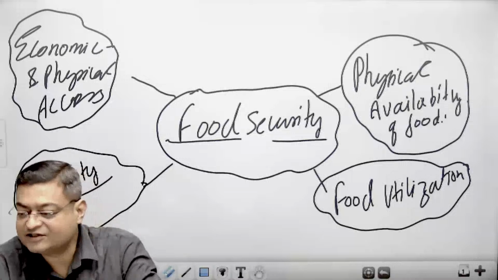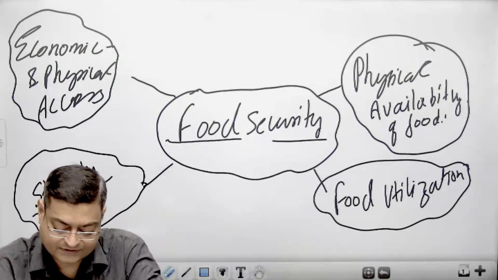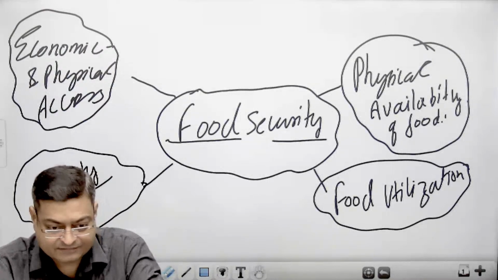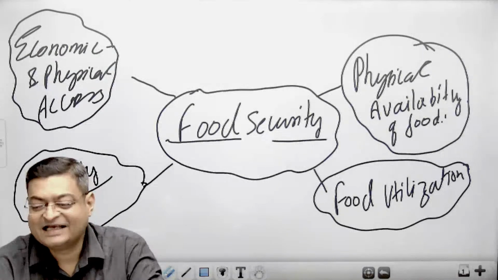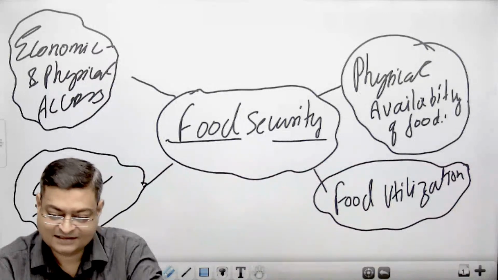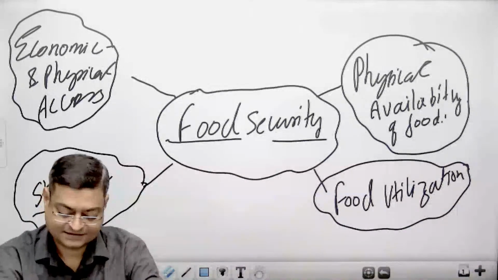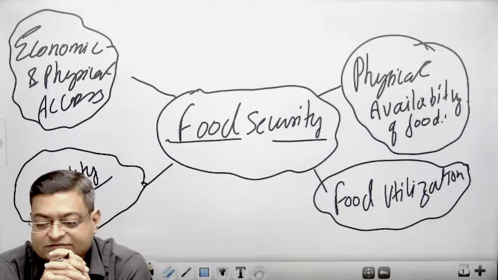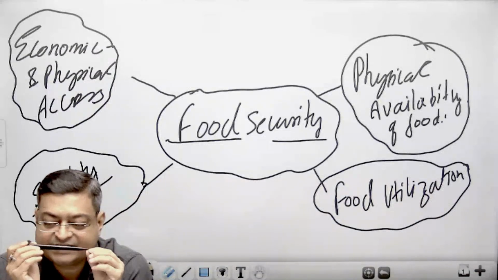Economic and physical access. The supply side does not guarantee the level of food security, as income, expenditure, market and prices are necessary to achieve food security.